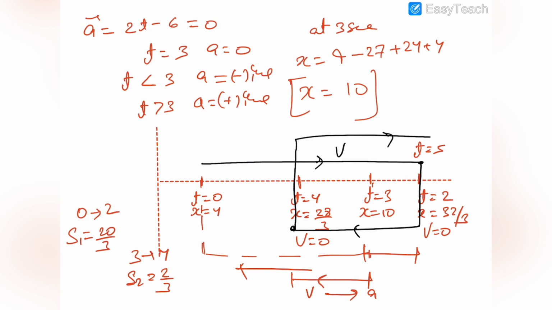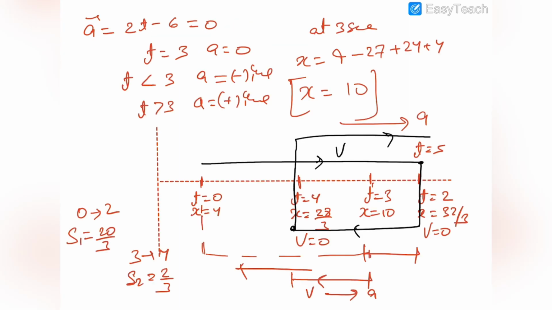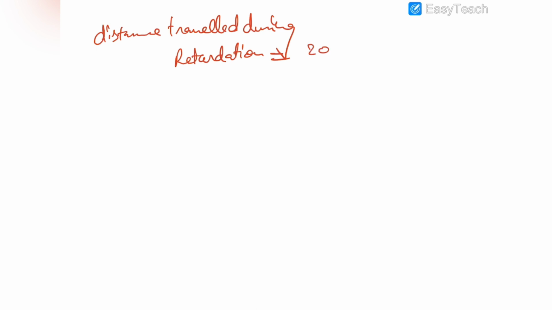And then it turns back and acceleration is in the forward direction, so this is an accelerated motion. We do not have to count this one. So the total distance traveled during retardation is equal to 20 by 3 plus 2 by 3, so it is 22 by 3, and this is S2.